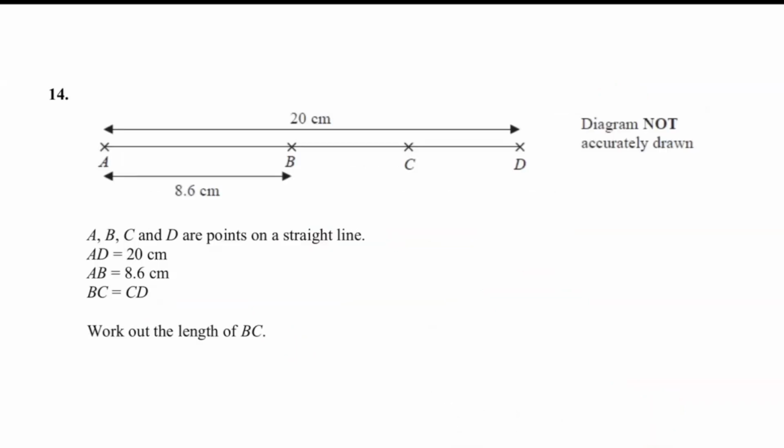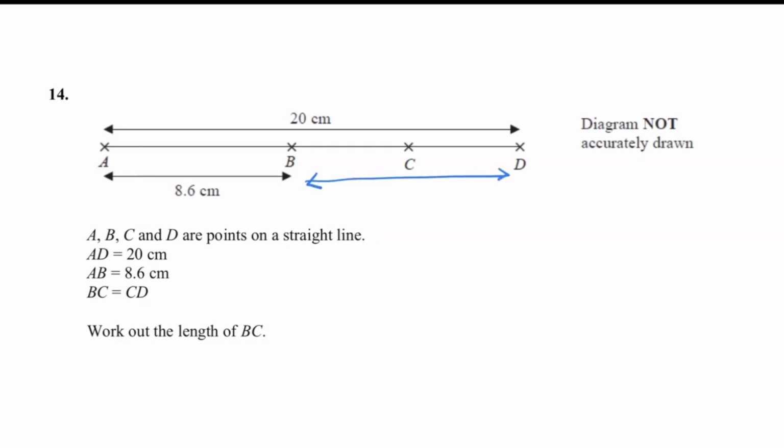Okay, so we've got A, B, C, and D all on a straight line. We can see that the full length from A to D is 20, A to B is 8.6. We know that B, C, and C, D have the same distance, and we need to work out BC. So the first thing we really want to know is this distance here.